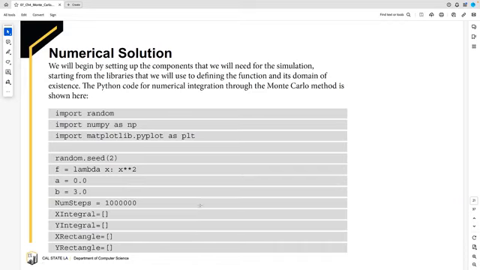So here we are defining a function. This time we have x squared, right? So we all know what x squared is. The root is at 0, and then it goes up exponentially. We are interested in this range, 0 to 3, and we are having 1 million steps in this case. Okay, so we are going to generate 1 million random numbers in this case.